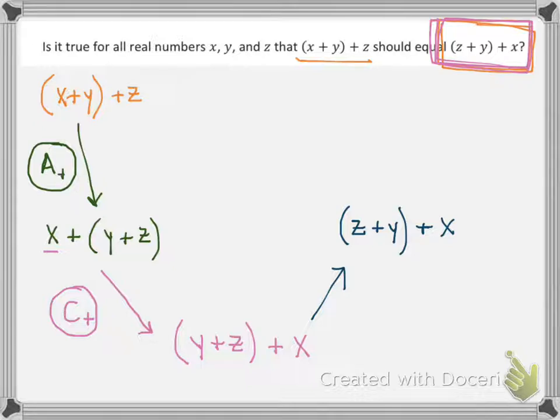All I did was change the order of the addition inside the parentheses, and changing the order of addition is the commutative property of addition. And now I have exactly what I wanted. I got to my end goal. So there's our flow chart.